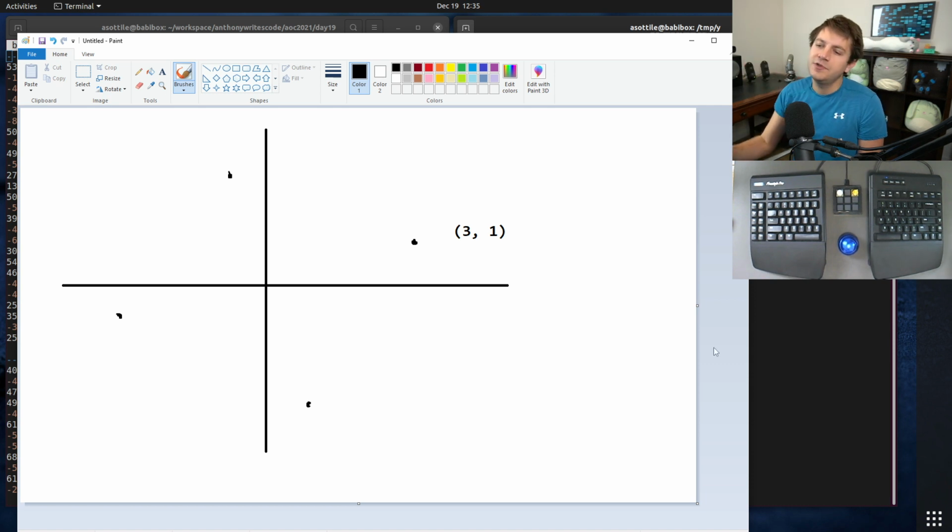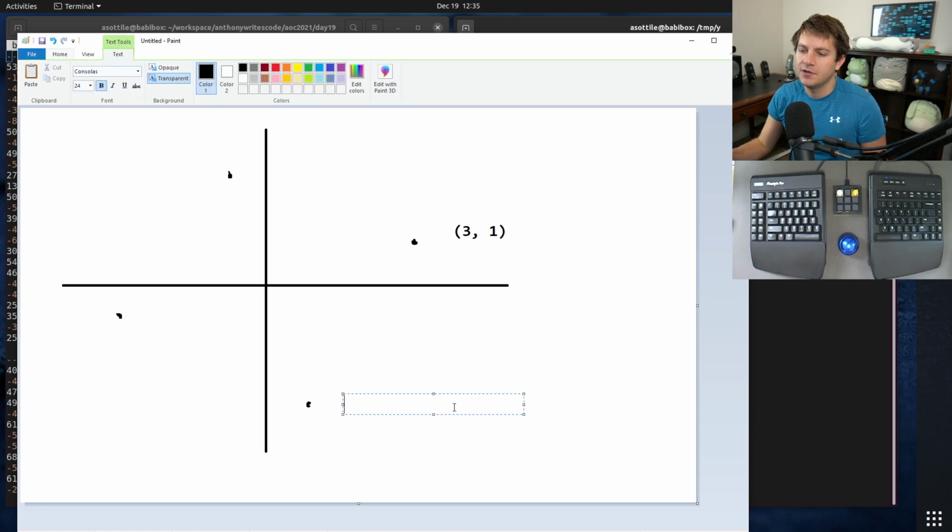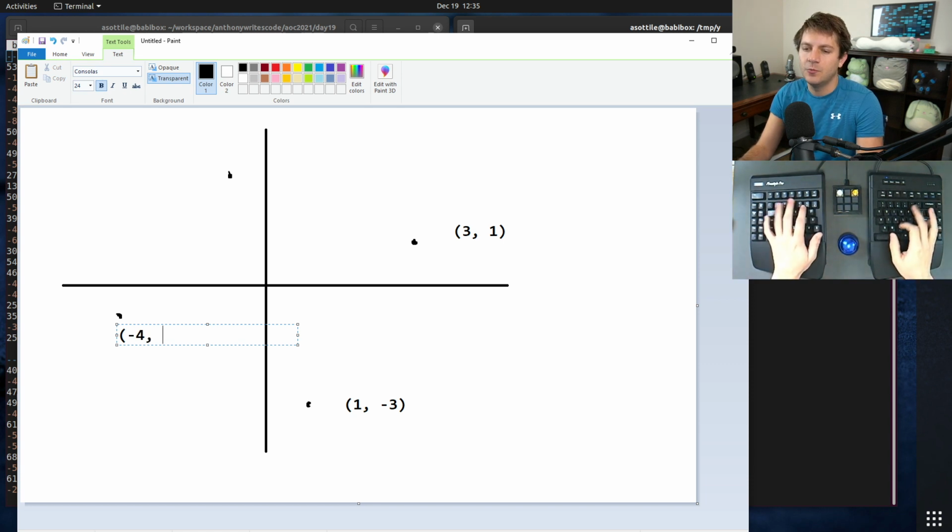The way rotations work is you swap the coordinates and you mark one of them as negative. So if we go down here, you would swap the coordinates to 1, 3, and this is actually 1, negative 3. Then you would do the same coordinate swap and the same negation. So you swap, you get negative 3, 1, and then you negate the y coordinate. That's how you do a clockwise rotation.